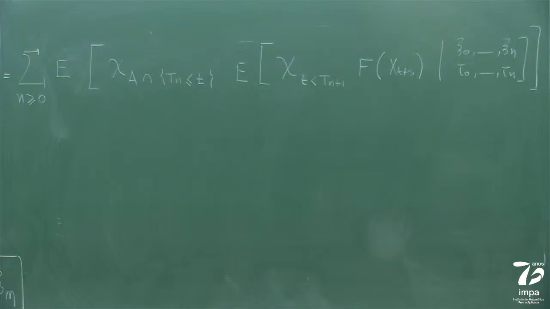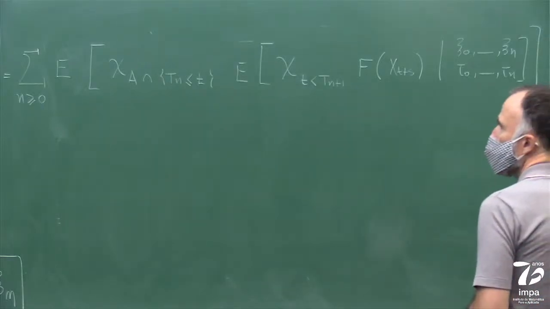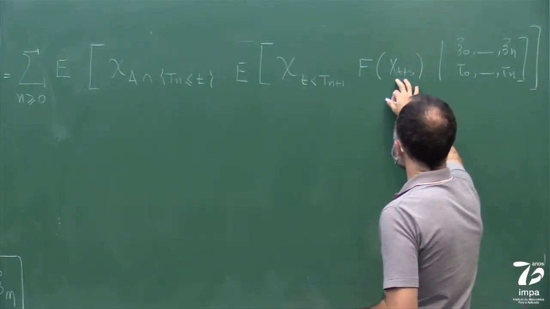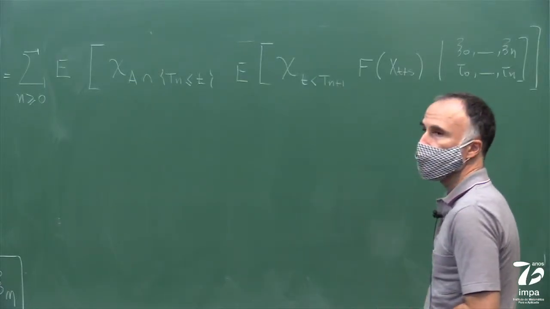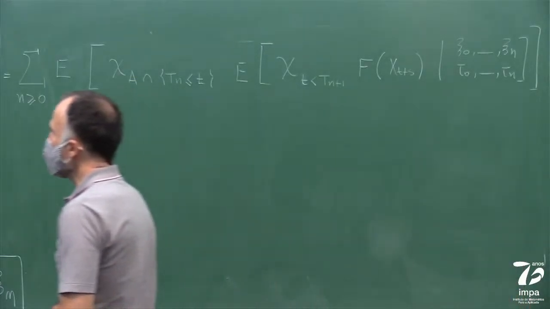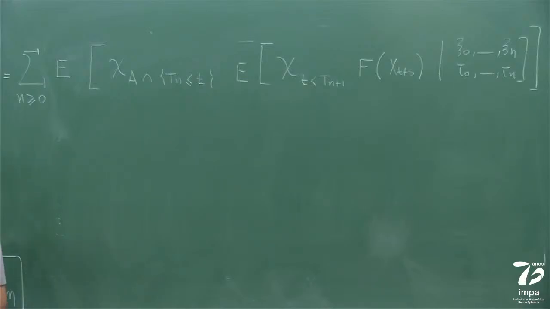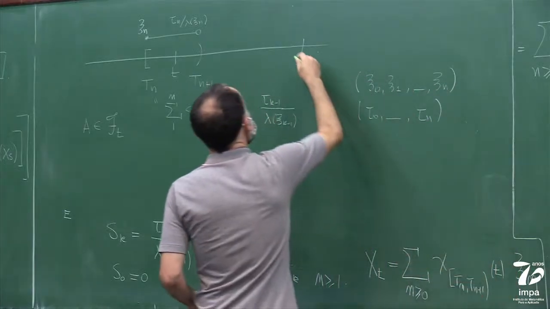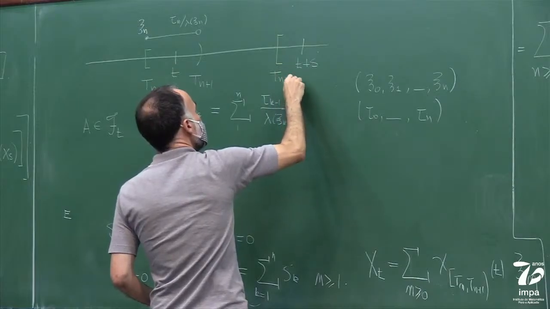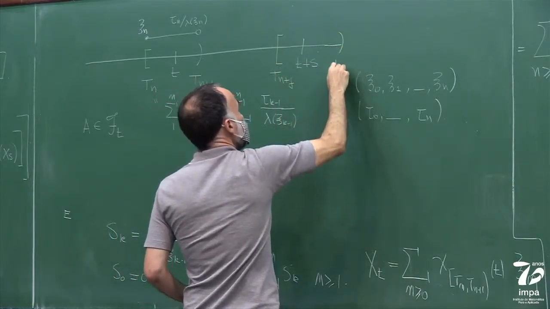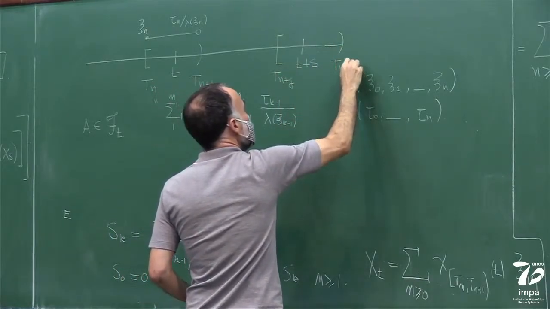Fine. So now the second thing is to change the value of X_{t+s}. So I will introduce a second sum. So I have here tau n plus j, tau n plus j plus 1.